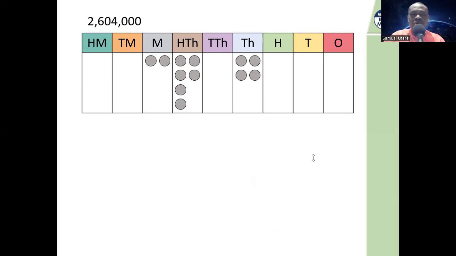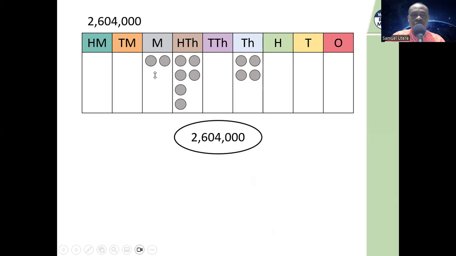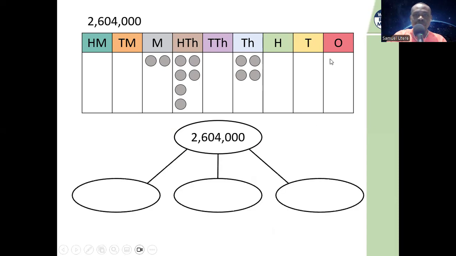Now, if we want to do it really simply, this is what it is on a place value chart. So you can see if we write this one, this is 2 million, not 200 million. We can just write 2 million. And then the other one is 600,000. You see that? It's in the hundred thousands column.